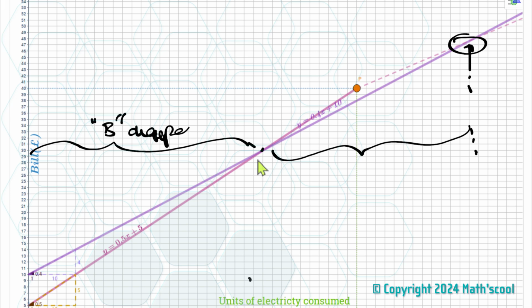The new supplier is this one here. So it was the old supplier that was cheaper. It was A that was cheaper here. And then, because it's the lower line, that one's the line that's below. And here the line that's below is the new supplier. So that's B is cheaper. And then over here, it's the dotted line, which is from the old supplier. So A is cheaper again.